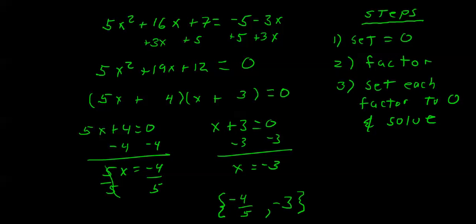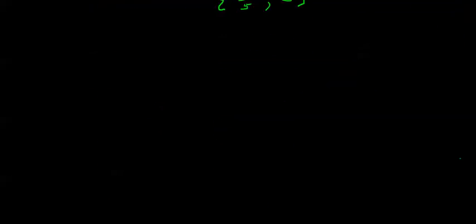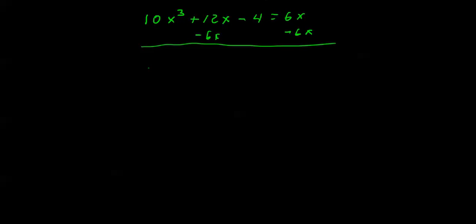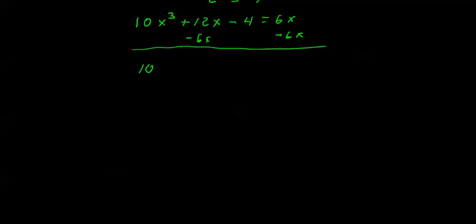Let's do one quick one more, and we'll be done. First of all, I'm going to set it equal to 0, minus 6x, and I get 10x squared cubed.